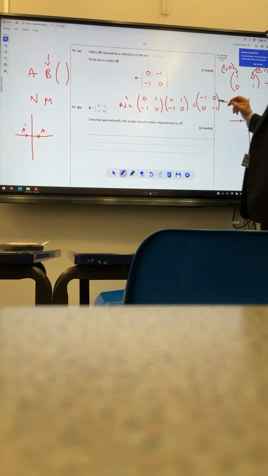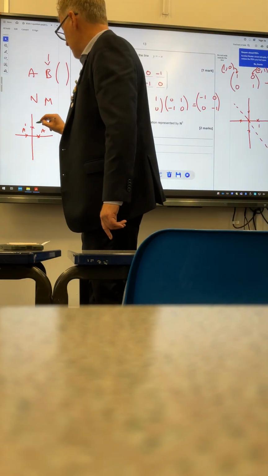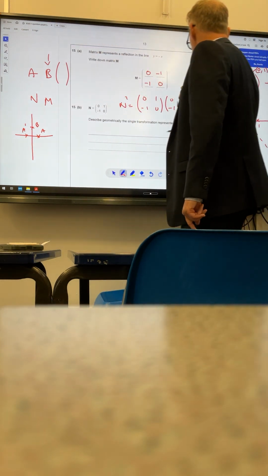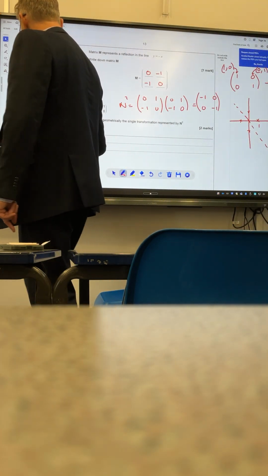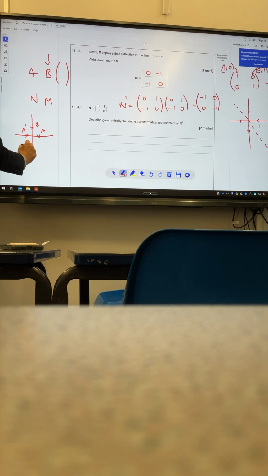And our point 0, 1 up there, point B, let's call it, has gone to 0, minus 1. So it's gone over there, B dash. So that's gone to there, that's gone to there. Isn't that a rotation of 180 degrees about the origin? So it's a rotation of 180 degrees.